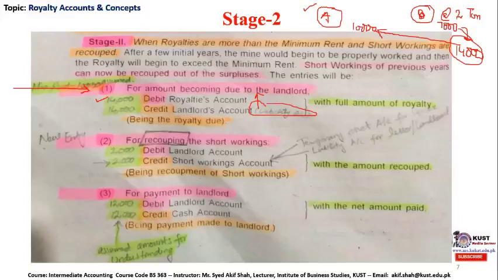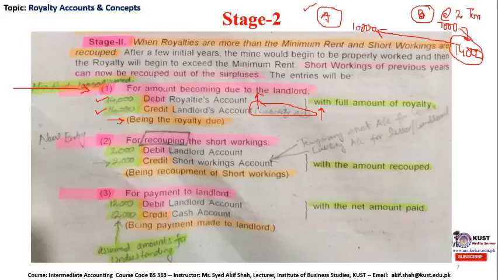Therefore, an increase in liability is recorded by a credit entry, and we have done the same, crediting the landlord account by 14,000 rupees. And then, very important, we have to give a short narration at the end of each journal entry in order to depict what has happened in the above accounting entry.